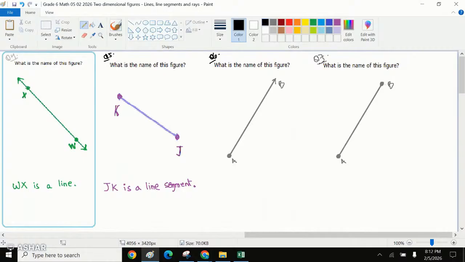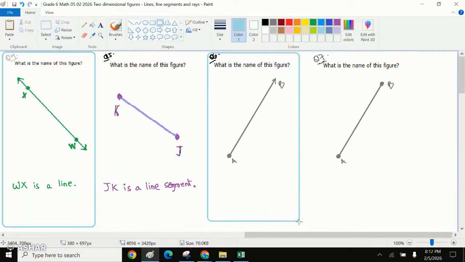In question number 6, when we have one dot and one arrow, that means it has a starting point. It has a starting point A, and B shows an arrow, that means it can be extended. So what should be the name of line AB?